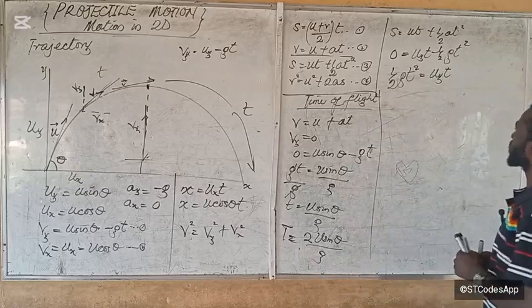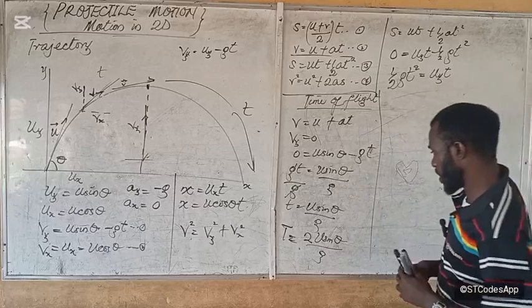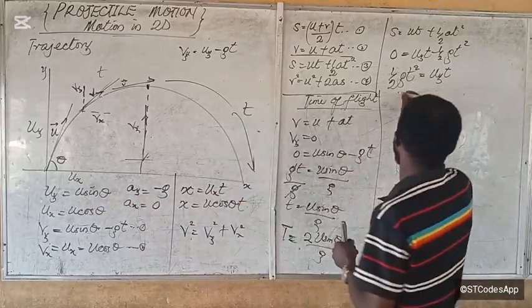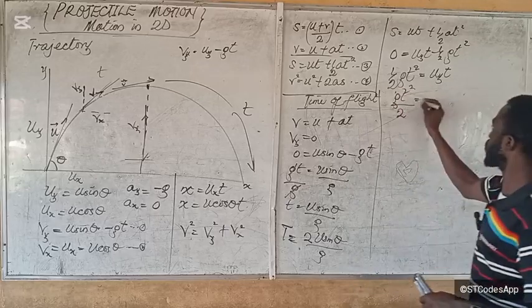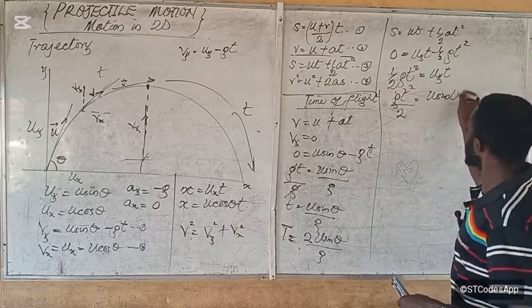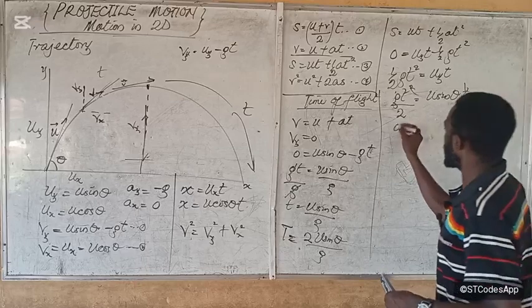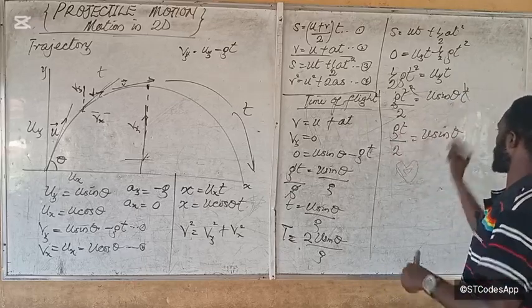Now, you know that u sub y is what here now? u sub y is u sine theta. So we have gt squared over 2 is equal to u sine theta multiplied by t. Okay, so t can take care of one of the t's, right? So we have gt over 2 is equal to u sine theta.